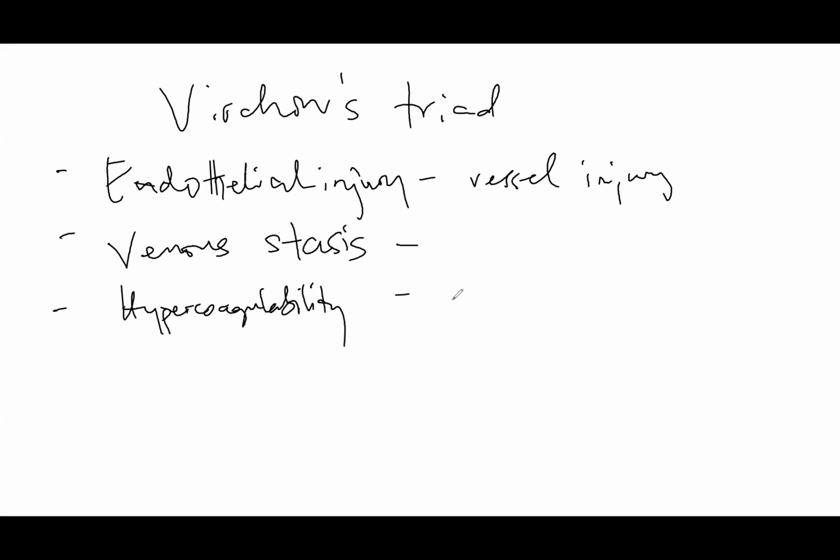Hypercoagulability. These are conditions. Examples are if you're taking oral contraceptive pills, for instance, because these hormones cause water retention and therefore increase the likelihood of venous stasis, and then you have blood clots forming.